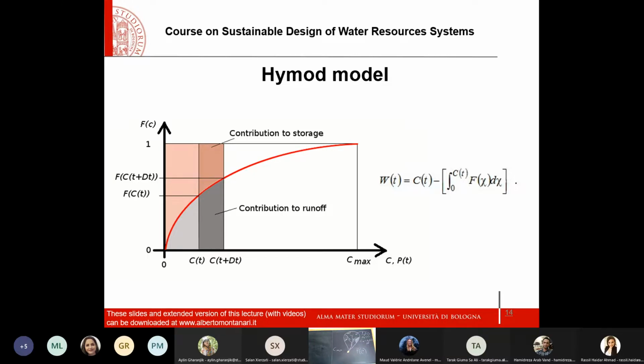This is runoff. What is above is rain times the fraction of the area that is a sponge, and therefore is storage. So what stays above the curve is contribution to storage. What stays below the curve is runoff.